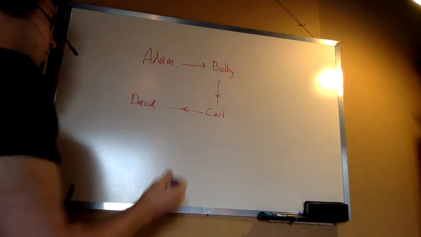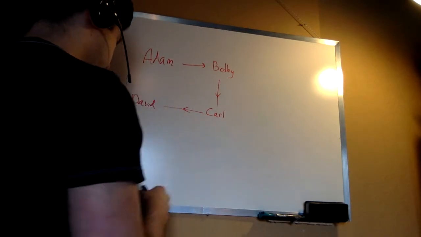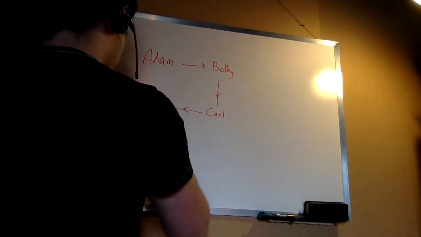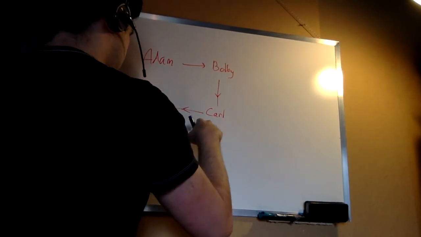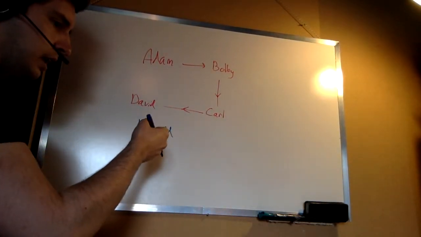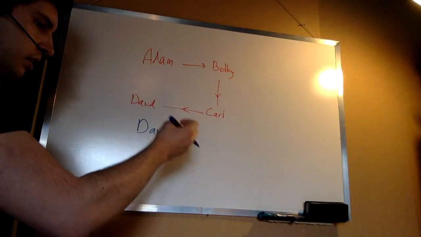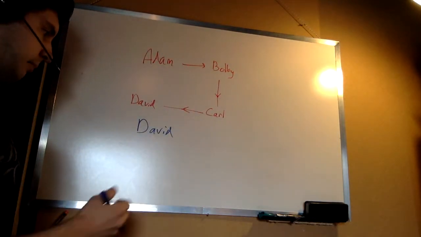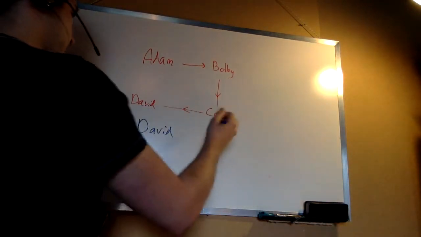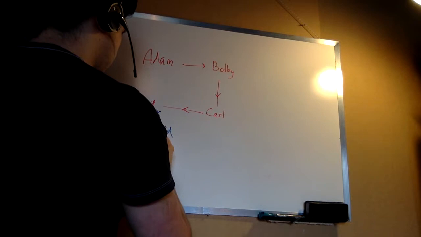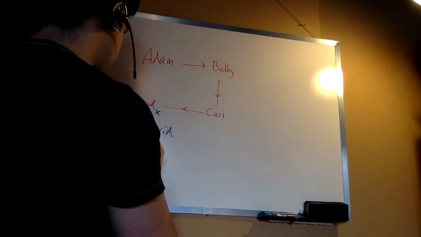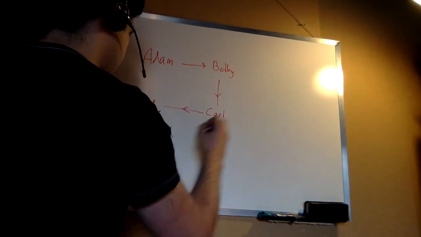So we'll DFS from Carl to David, and then David's the final step. So David will be first, because remember, DFS processes vertices deepest first, given the name DFS. So David will be first, and then we'll go back to Carl once David's been visited. Then there's no edges out from Carl after that, so we process Carl.